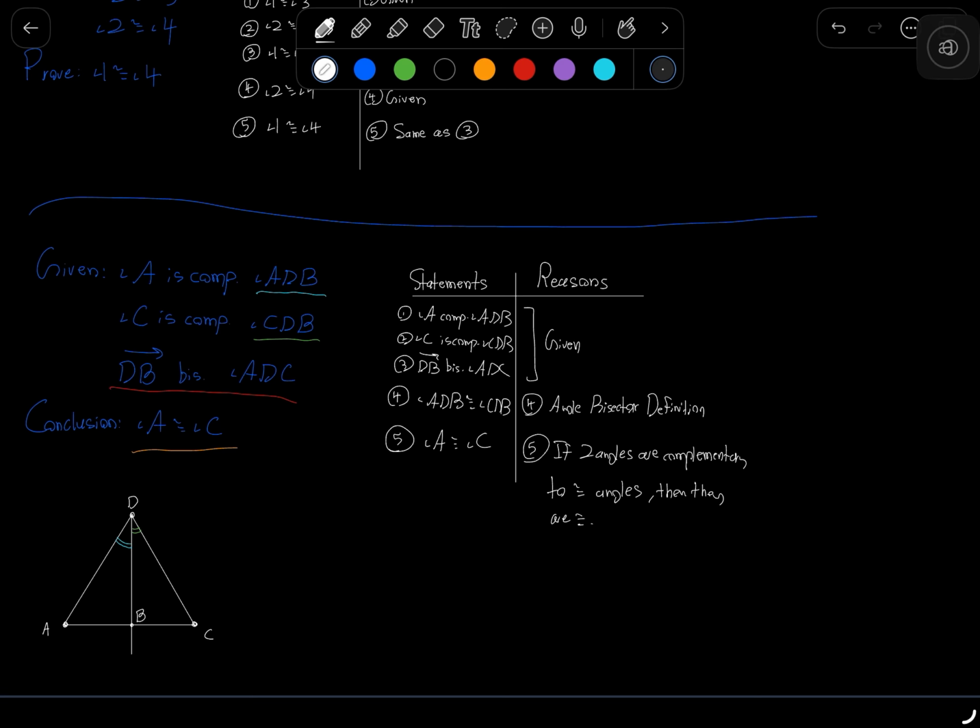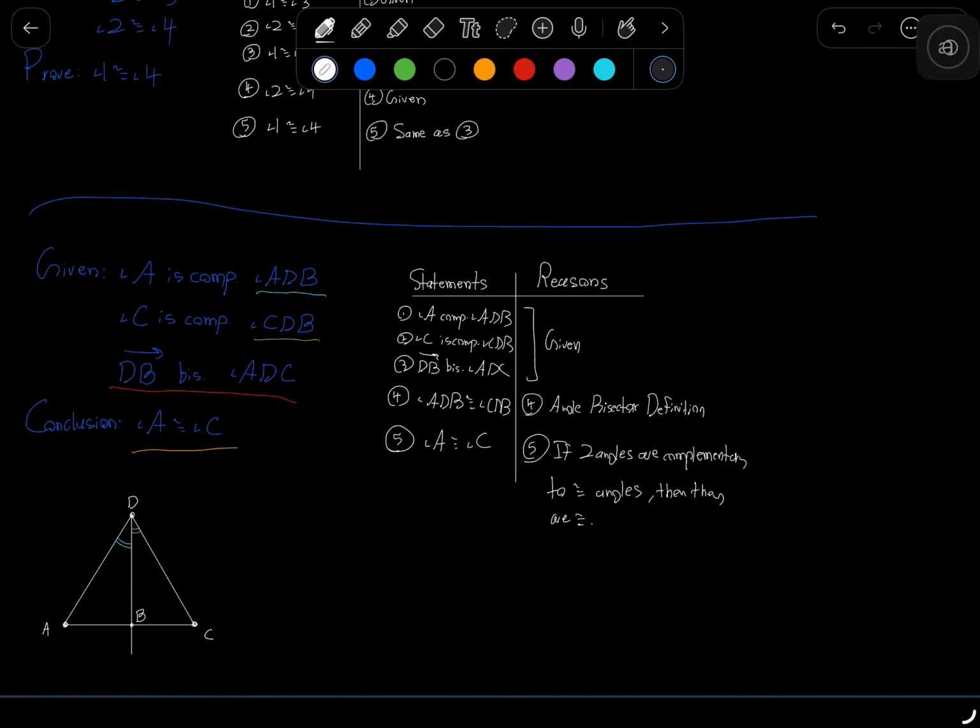Now, you might be wondering, why did you not use substitution? You said that complementary means you use substitution also. I think you could. You could definitely use substitution. You got to recognize that there are different ways to solve proofs. I solved it this way just as a review for what we have learned already in the past, but you can definitely use substitution.